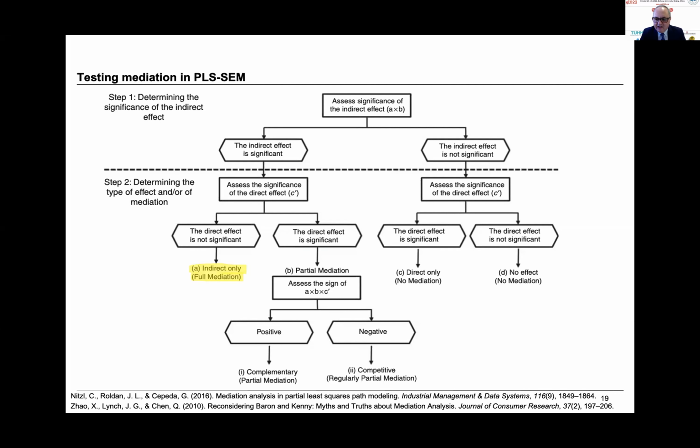But what happens when your moderator is not categorical, but continuous, or with a metric scale? Could I run an MGA analysis? The answer is yes. But before, you need to group the different values of that variable to transform it into a categorical one. How? The options are cluster analysis, dichotomization, and so on.